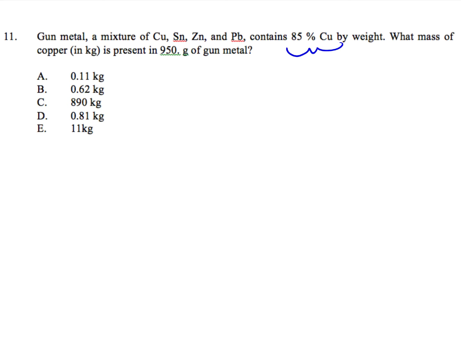And the way you want to essentially read this, 85% copper by weight is saying, if you want to deal with grams, you can say that there are 85 grams of copper present in 100 grams of gunmetal. That's our whole.